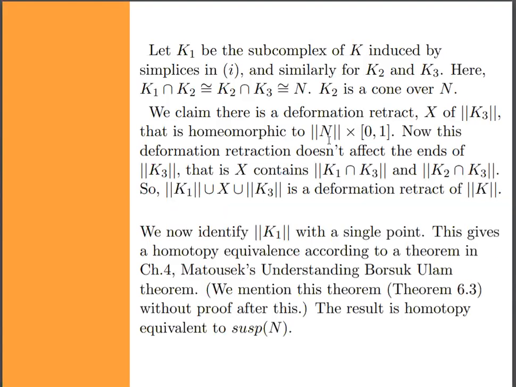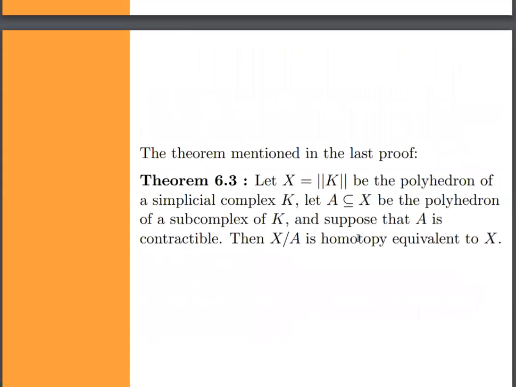Again, what we have is a cone on one side. The middle part is N cross [0, 1], and the other end is a whole simplex. This whole simplex we can collapse into a single point using a quotient map, and there is a theorem in Matoušek that mentions that this quotient map is a homotopy equivalence.